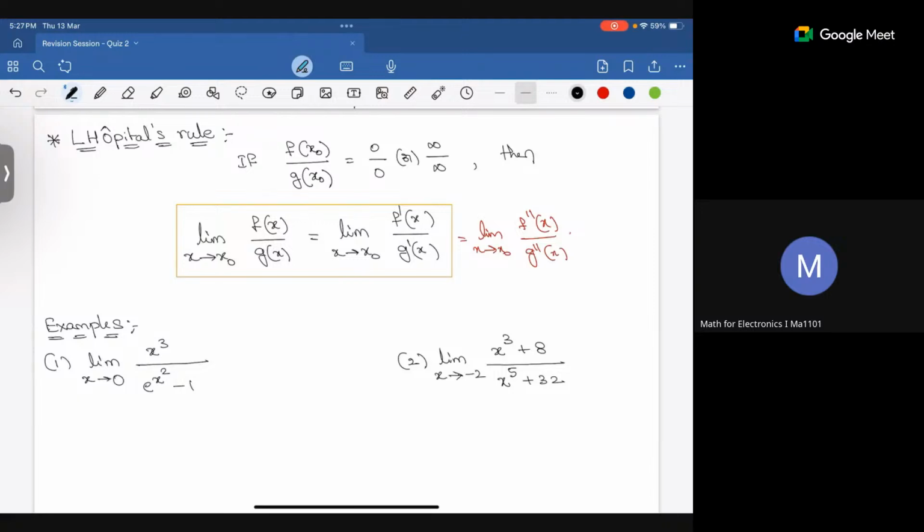Okay, if you use L'Hopital again and again, you might end up in a loop. Is that what you are asking? In those cases, you have to be really careful. If you are taking e power x in the numerator and you constantly take derivatives, you will end up getting e power x only.